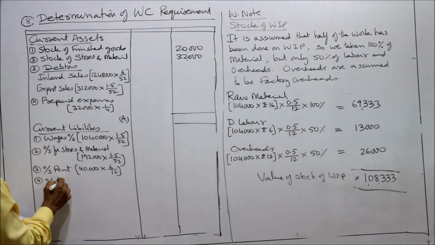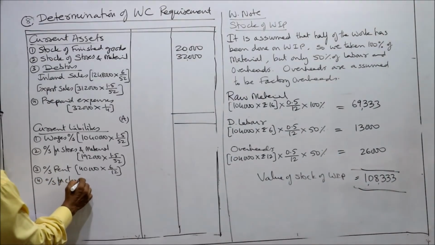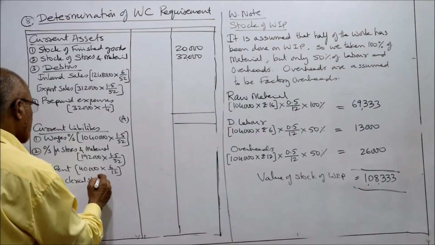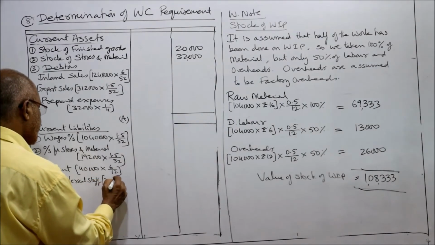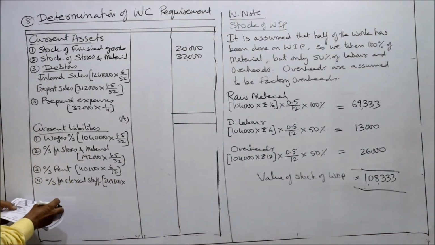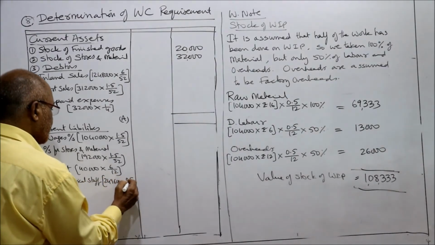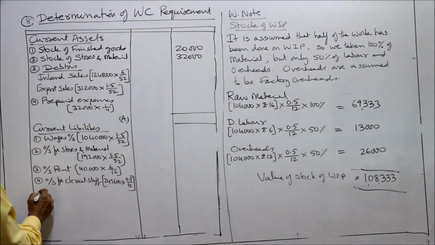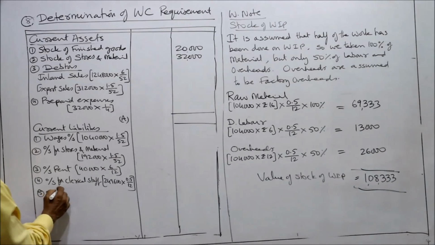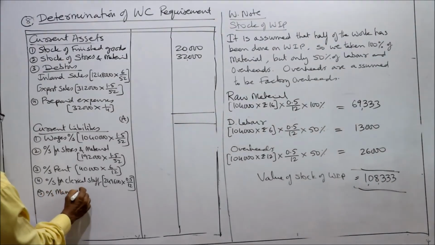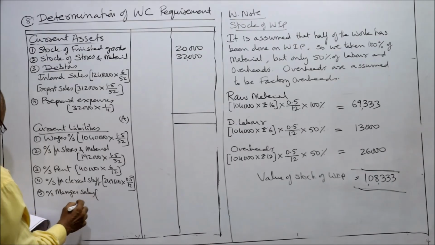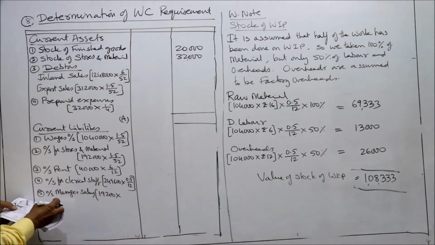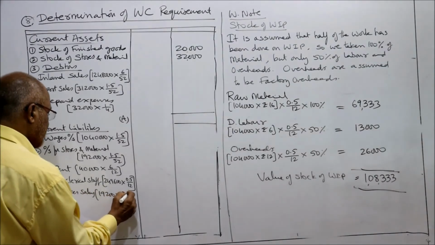Outstanding for clerical staff, 2,49,600 into half month, 0.5 by 12. Then outstanding manager's salary, it is 19,200 into half month, 0.5 by 12.